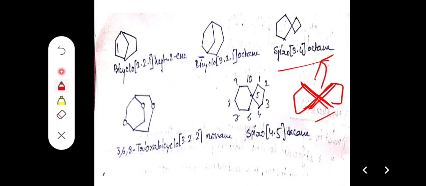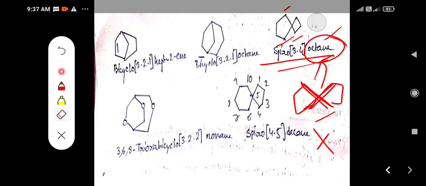Okay, this is termed as spiro. There must be this type of orientation. Spiro 3.4 octane, because if we consider all the carbon atoms, that is 1, 2, 3, 4, 5, 6, 7 and the middle 8, so overall octane. That is justified. The overall compound is spiro.